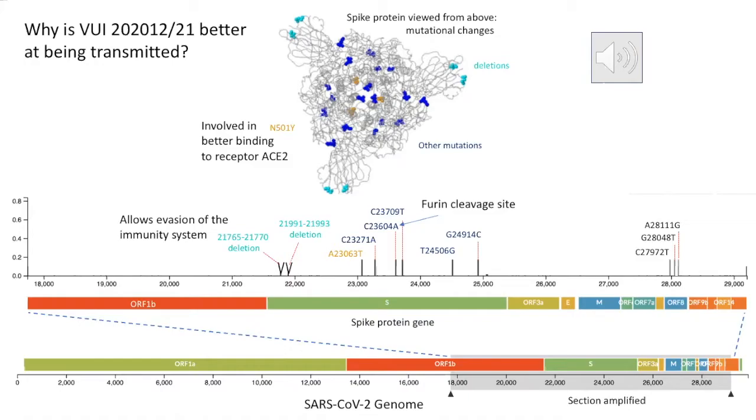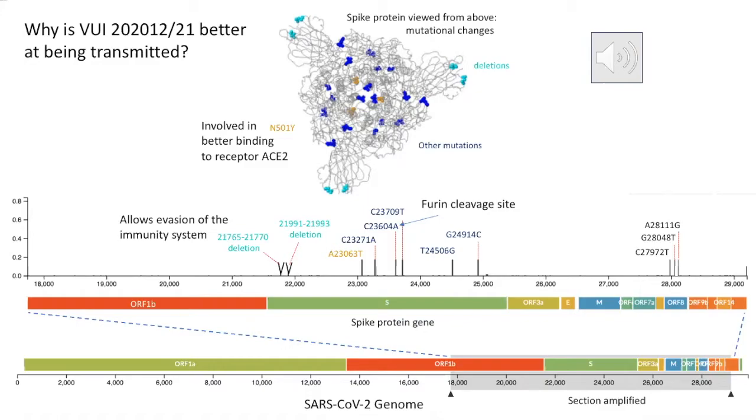But within this lineage, we have a third set of mutations. Now, these are not base pair substitutions, they are deletions. In other words, a region of the gene has been deleted. Okay, now these deletions occur at positions 21765 and 21991.